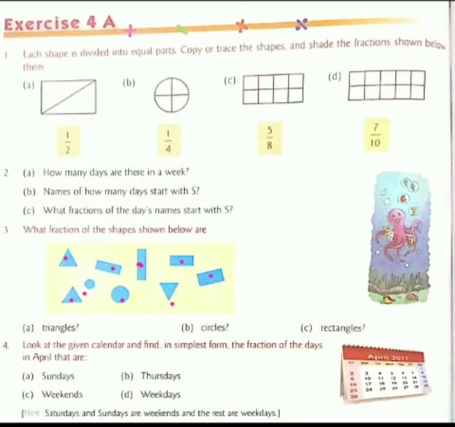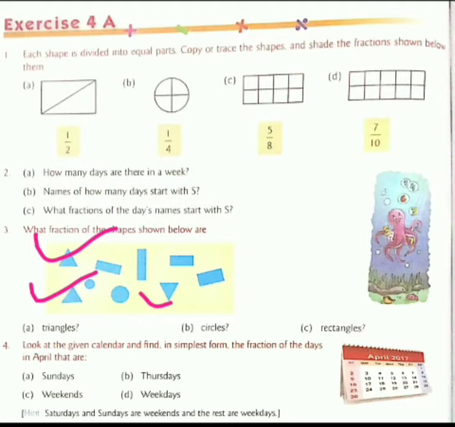What fraction of the shapes shown below are triangles? So what do you have to write? You can see here 1, 2 and 3 triangles are there, but total figures are 9. So what will be the fraction? The fraction will be 3 by 9.